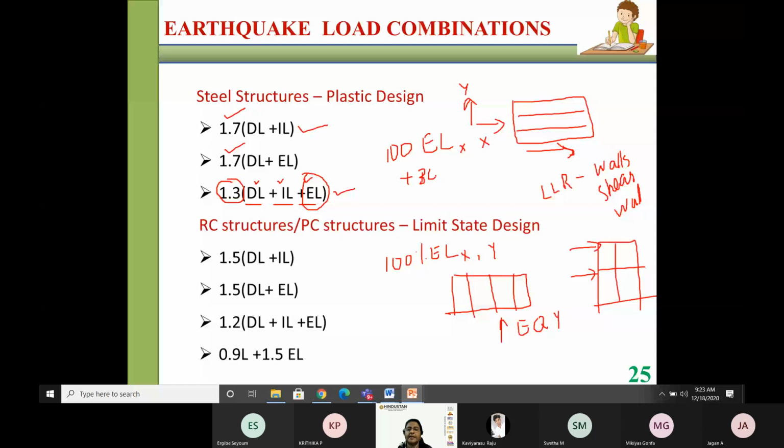So depending upon how the lateral load elements are provided, your load combinations can be different. Full earthquake load in the X direction simultaneously with 30% earthquake load in the Y direction is another set of combinations.